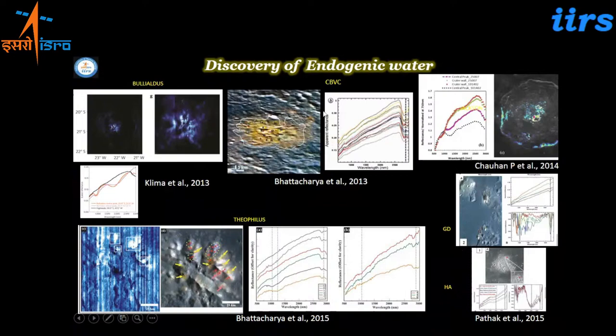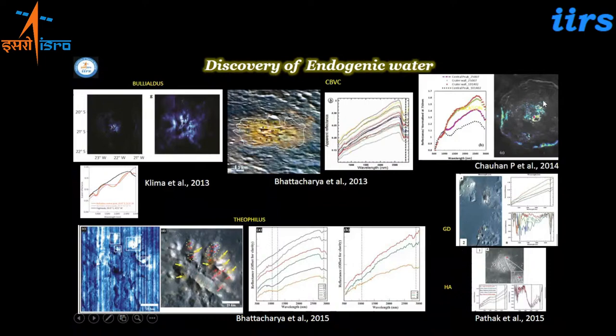Then the strongest absorption of water was detected from CBVC, Compton-Belkovich volcanic complex, from the far side of the Moon. It is a silicic lithology, and it was characterized by a strong absorption of water. Here you can see it is around 2.8 micrometer, ranging from 2.8 to 3 micrometer.